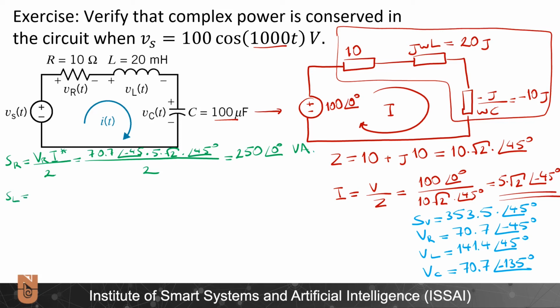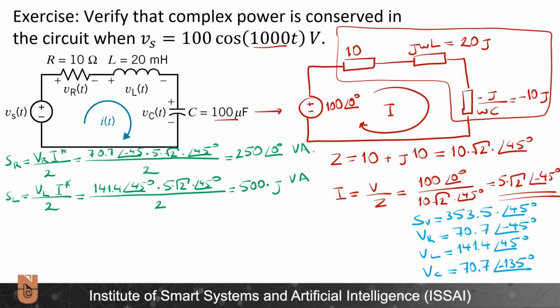Similarly, SL is equal to VL times I conjugate divided by 2, and this is equal to 141.4 at 45 degrees times 5 times square root of 2 at 45 degrees. So 45 plus 45 is 90 degrees, and 90 degrees is j. So I can accordingly write this as 500j volt-amperes.